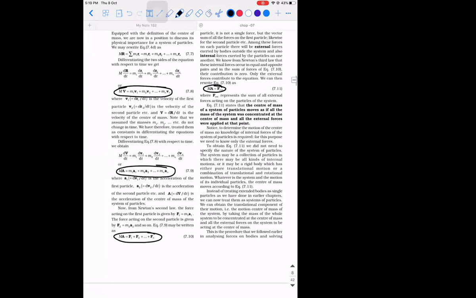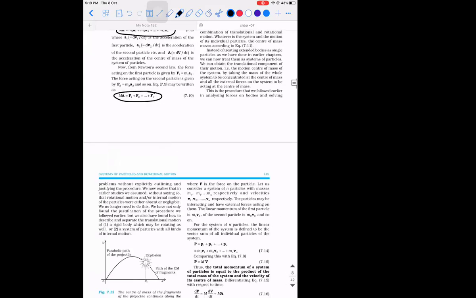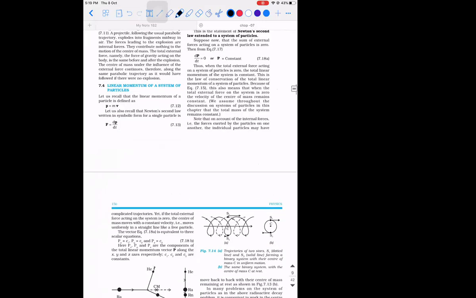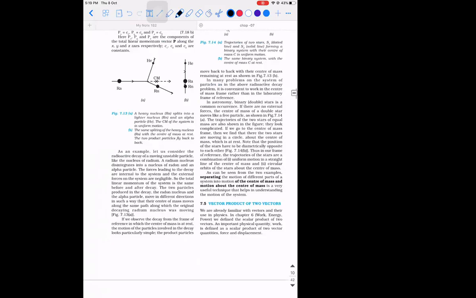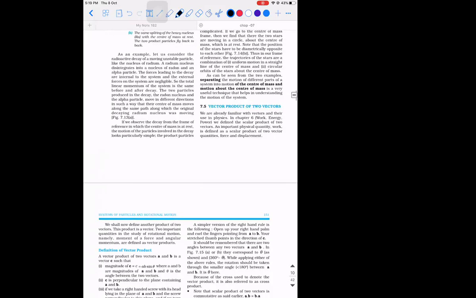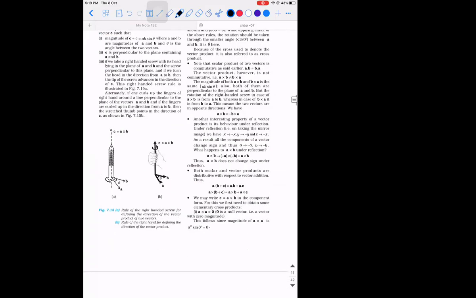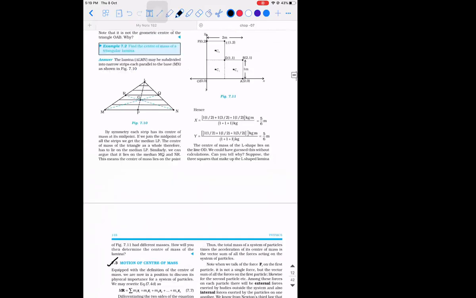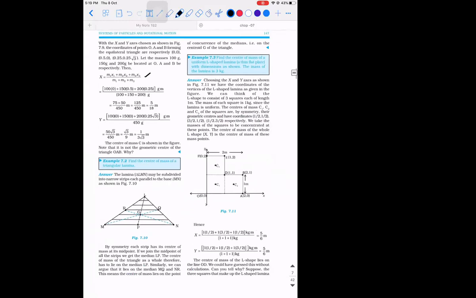You can go through it later. Okay. So with this, the center of mass concept is over. We will do one problem before we proceed to the next exercise.